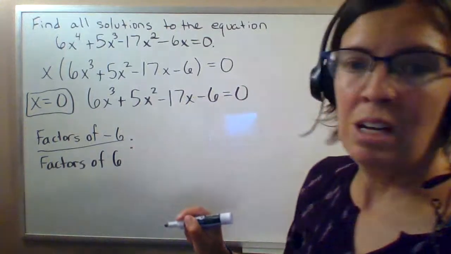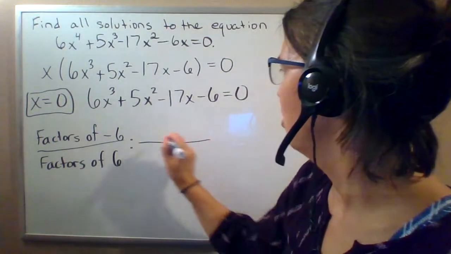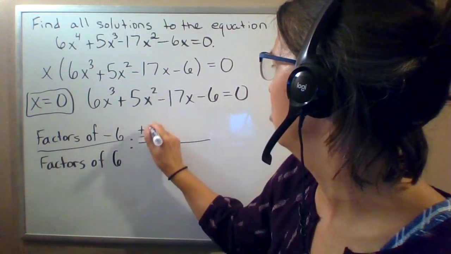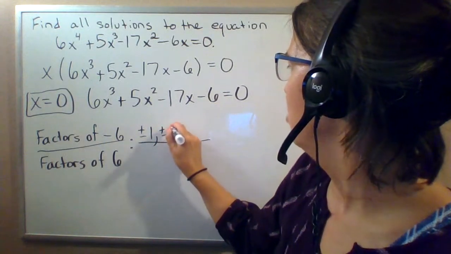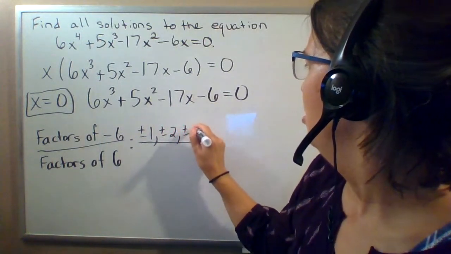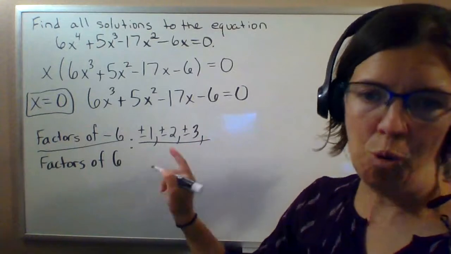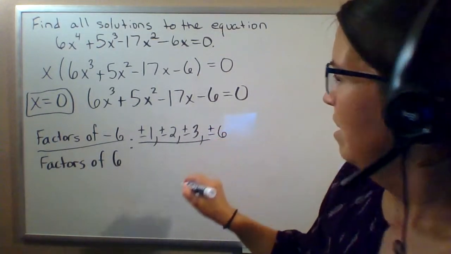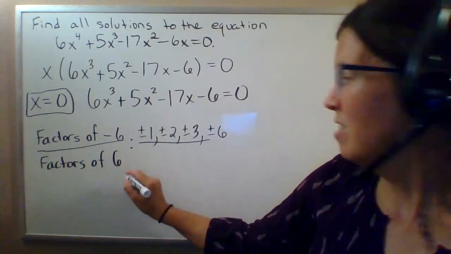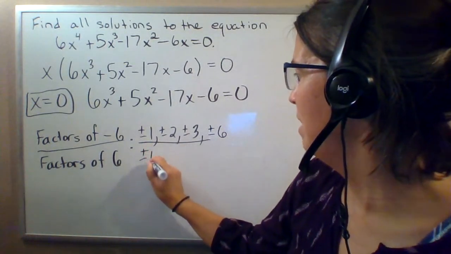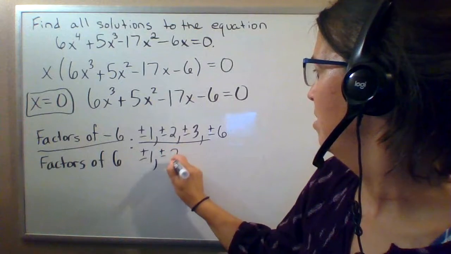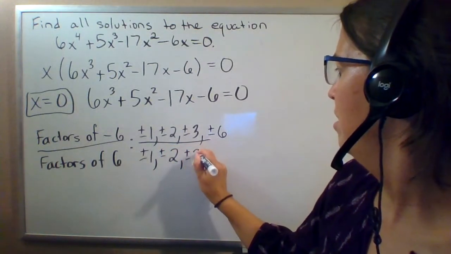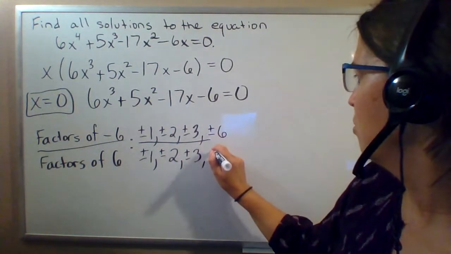That'll generate this list. Factors of -6: we've got plus or minus 1, plus or minus 2, 3, 4 and 5 are not factors of 6, but 6 is. And factors of 6 in the denominator, well, it's going to be the exact same list, because we're just listing factors of 6 again.